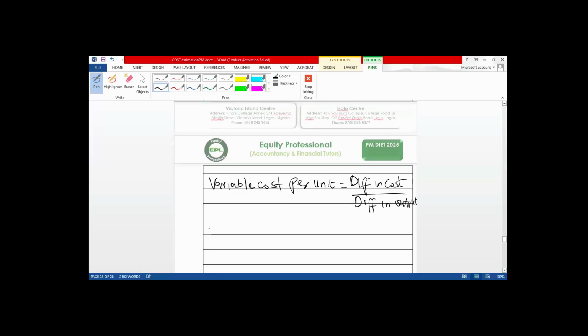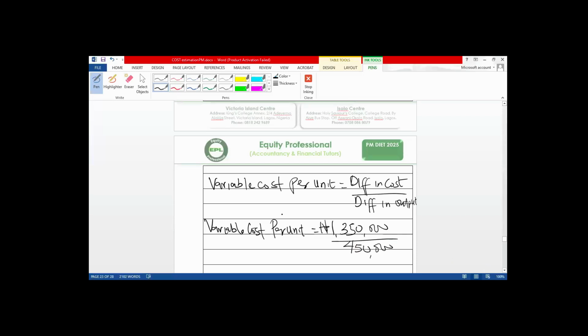Our variable cost per unit is equal to 1,350,000 divided by 450,000.